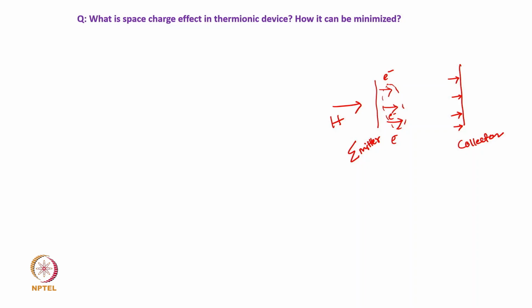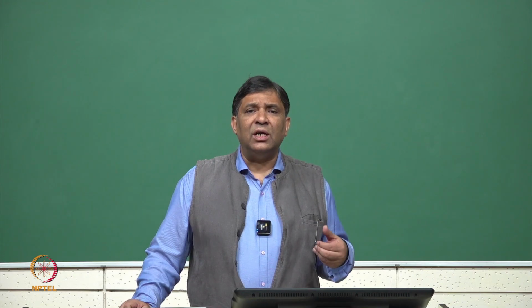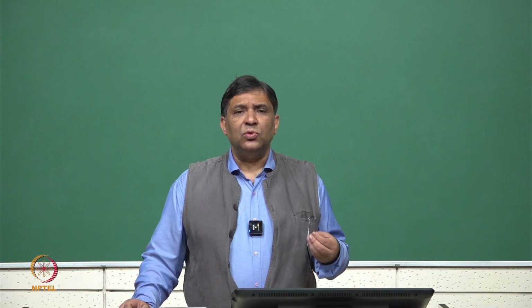This will hinder the flow of electrons, or disturb it. Electrons will be repelled back from the space charge. The space charge effect is always there whenever charge flows from one plate to another. So, in order to minimize this space charge, one has to do something.